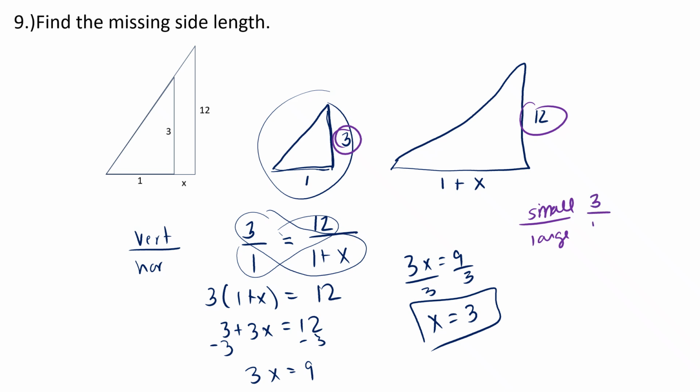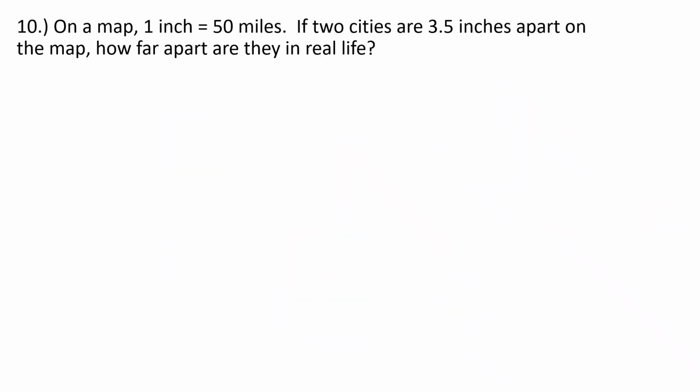So 3 to 12 is the same as 1 to 1 plus x. And you'll notice if you cross multiply, you will actually get the same thing. And that's one of the properties of proportions that I remember going through when I taught geometry. It essentially means that you have multiple ways that you could set up your proportion, and it would work both ways.